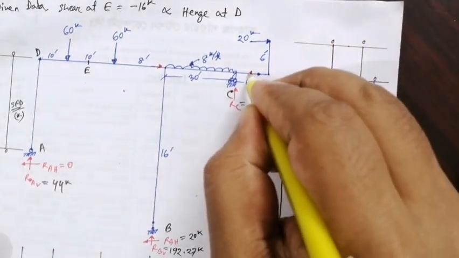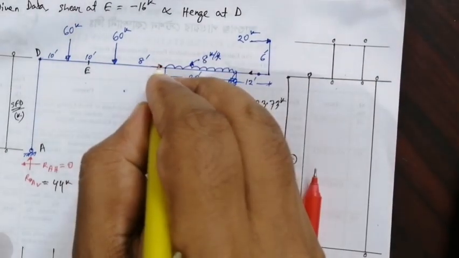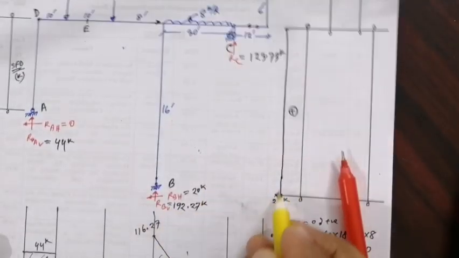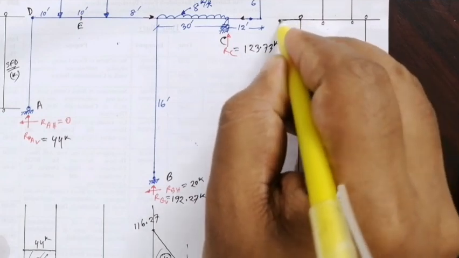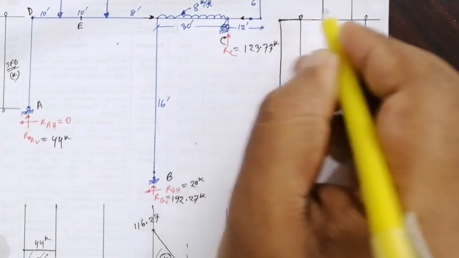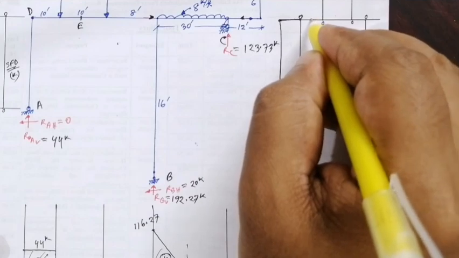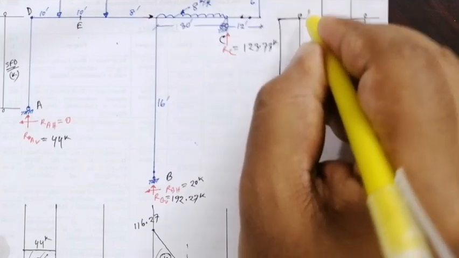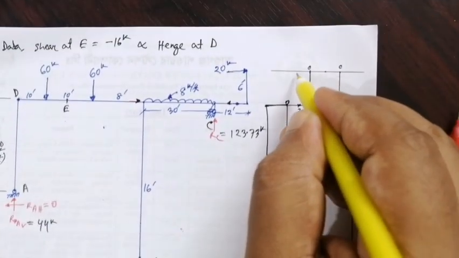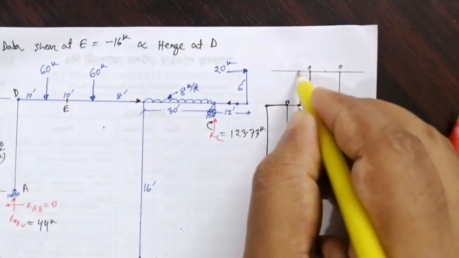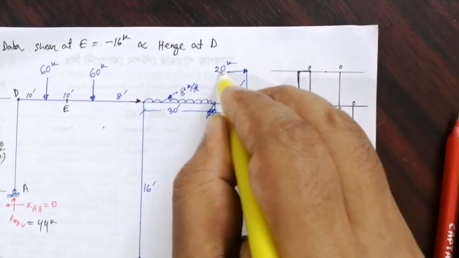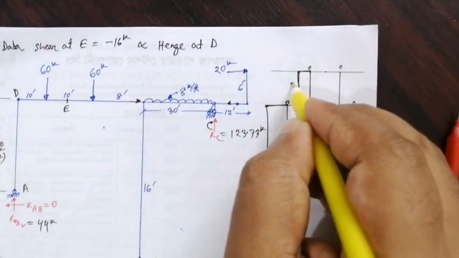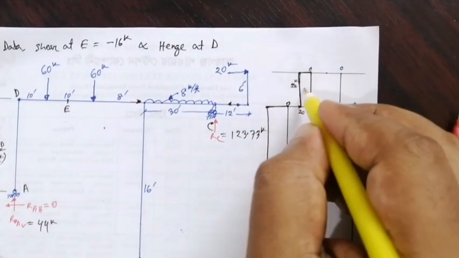So if we introduce a 20 kip here and a 20 kip in this direction here, this 20 kip is reduced by this, and here another 20 kip is upward, and this goes direct this way, and this 20 goes to 0 by this 20 kip balance.